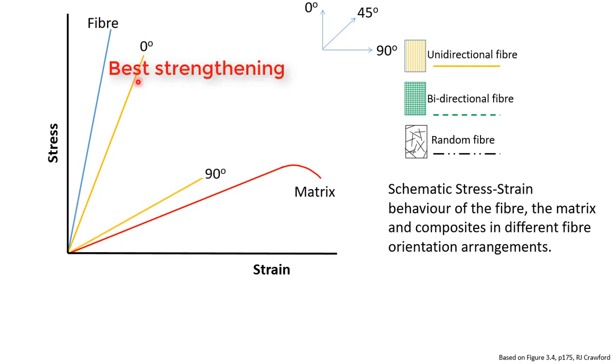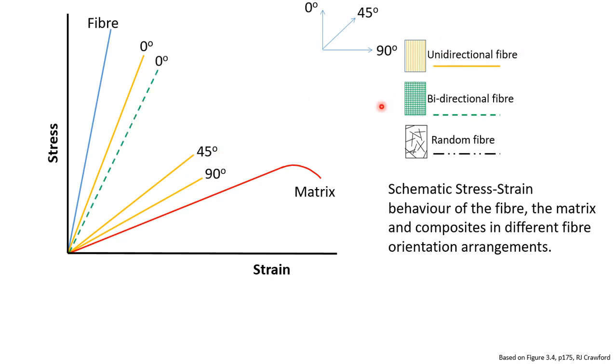If we change the fiber direction to 90 degree and we are applying the load in 0 degree, this direction longitudinal, then we will find that the strength of the composite is not much. It is very close to that of matrix. So that means there is hardly any strengthening effect. For any other direction, the values will be in between these two. So for 45 degree, we may obtain this one. So this is for unidirectional fiber.